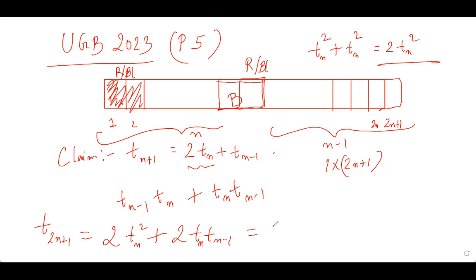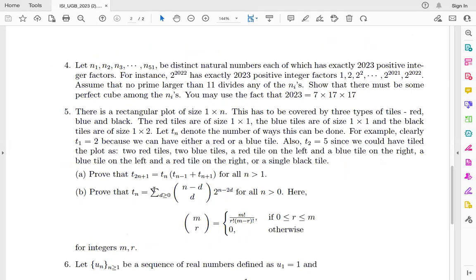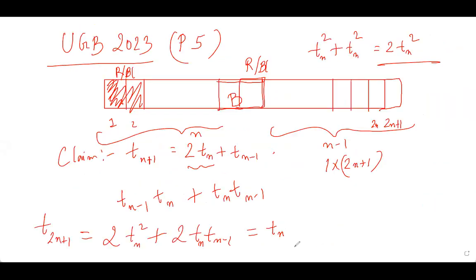Now from here we can take Tn common, because I have to show that this equals Tn times Tn minus 1 plus Tn plus 1. So let's take Tn common and see what we get inside.